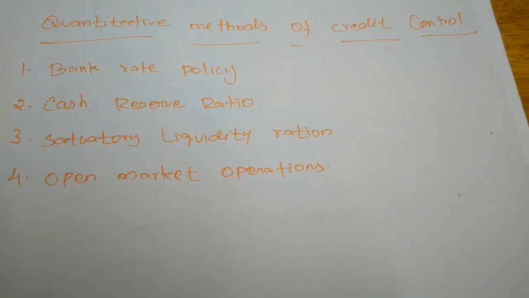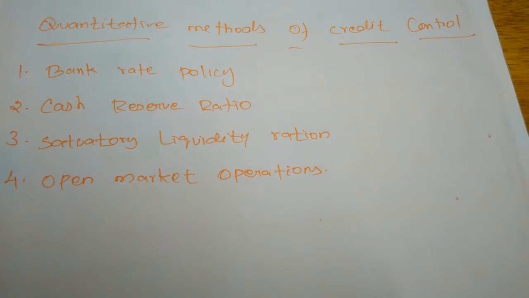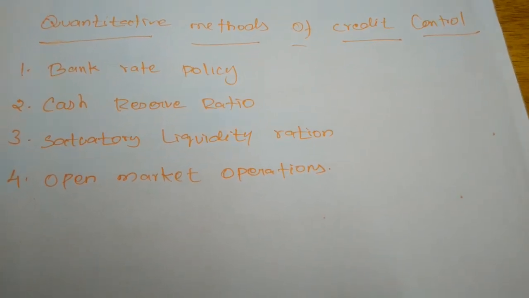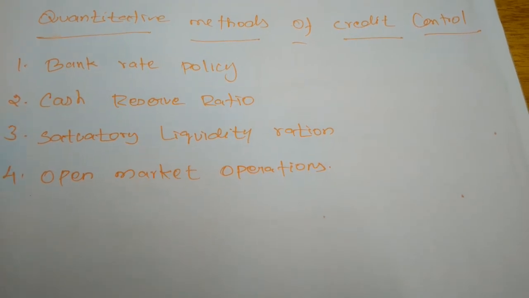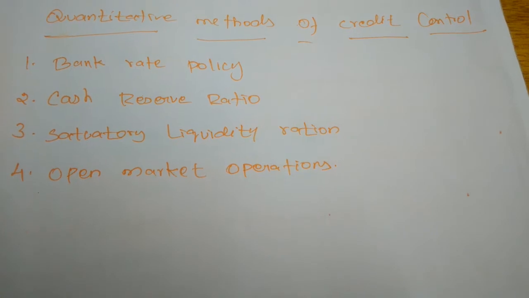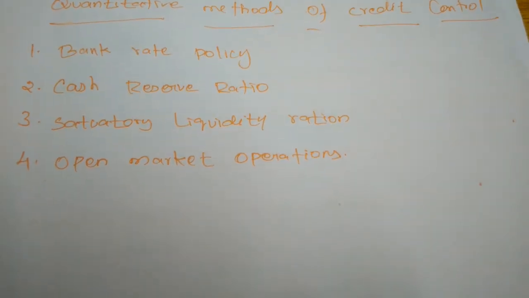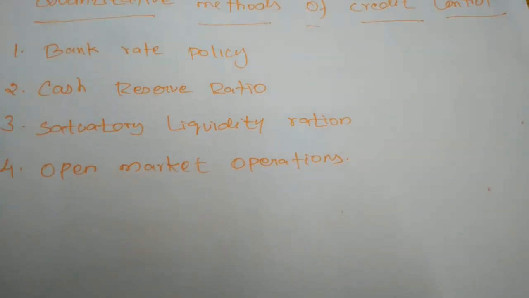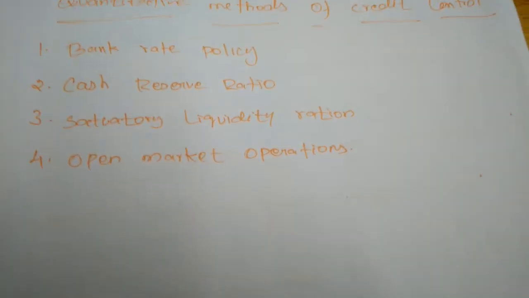Normally all the commercial banks must deposit some percentage of their money with the Reserve Bank of India. So to reduce the credit amount, the Reserve Bank of India will fix a high reserve ratio. And then the open market operations.